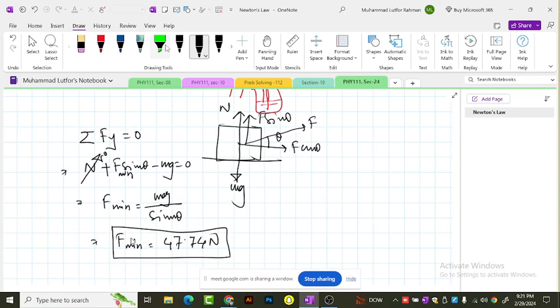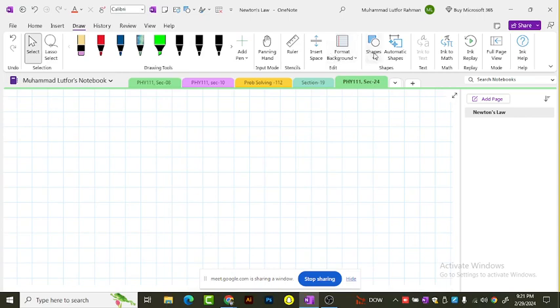If it is greater than 47.74 Newton, then instead of moving towards the x direction, this block will fly off in the direction of your force, which means it will no longer be connected to the surface. Remember this: to fly off a surface, obviously that normal reaction force must be equal to 0.